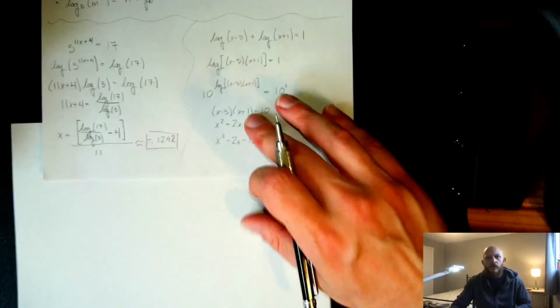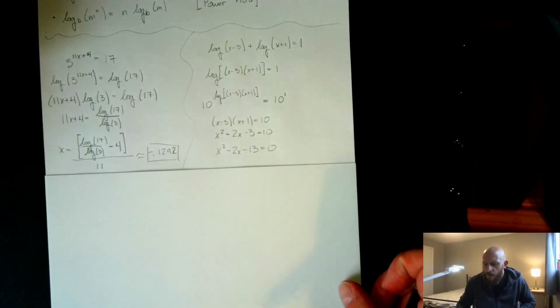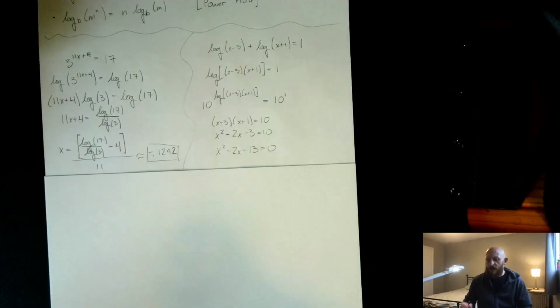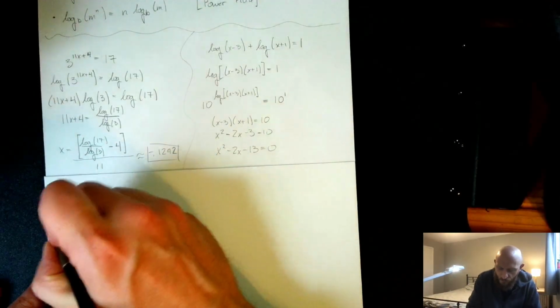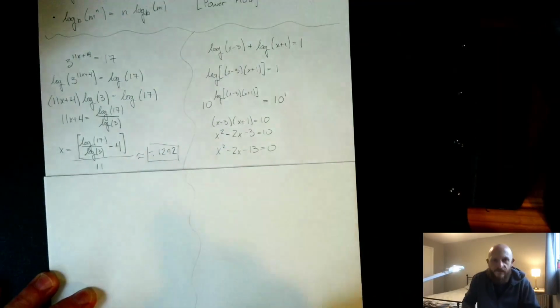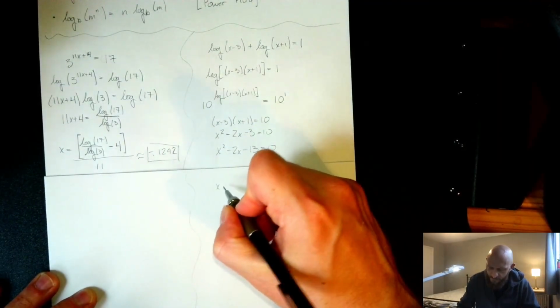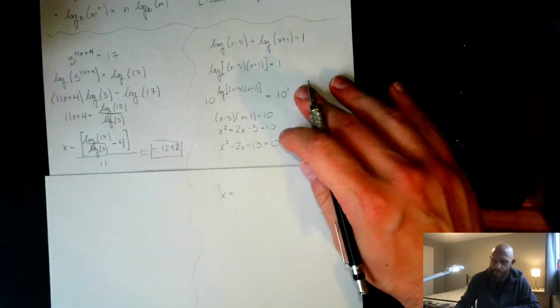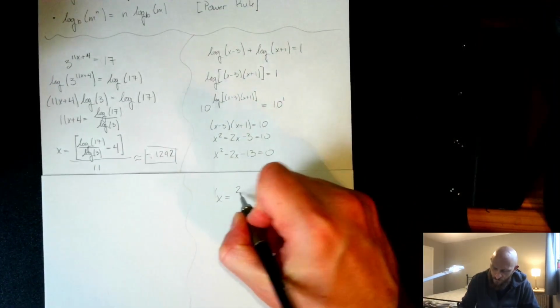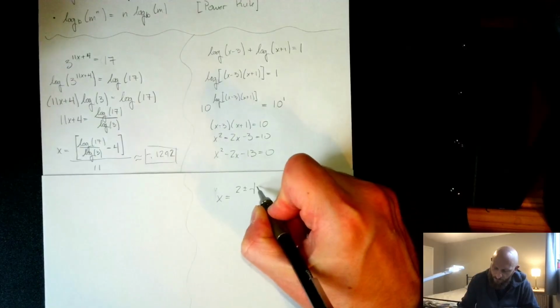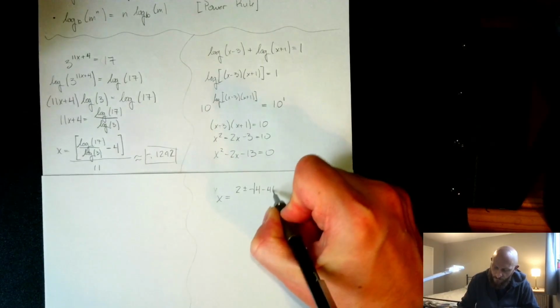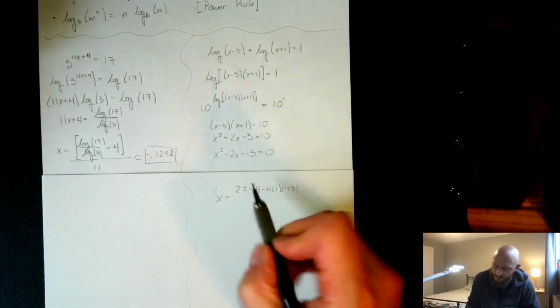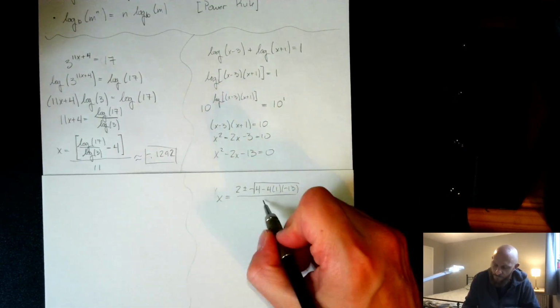And I need a little bit more room. All right, that's not going to factor, right? There's no way that that's going to factor cleanly, so we'll use the quadratic formula. I'll keep it kind of consistent here. So x is equal to, I just got to plug things into the quadratic formula. x is equal to 2 plus or minus the square root of 2 squared, so 4, minus 4 times 1 times negative 13, all over 2.